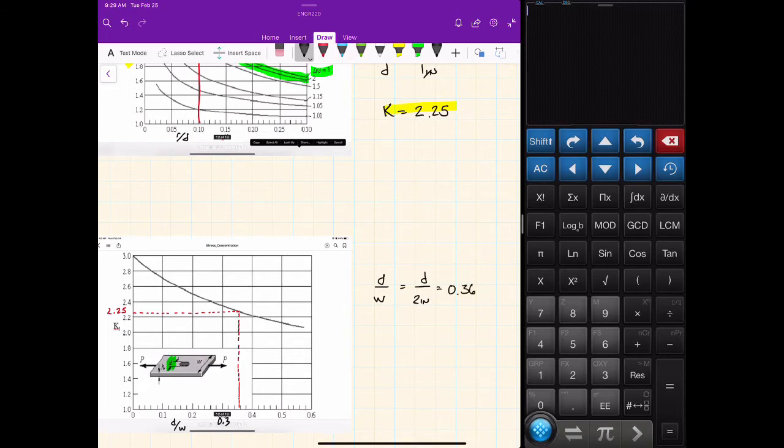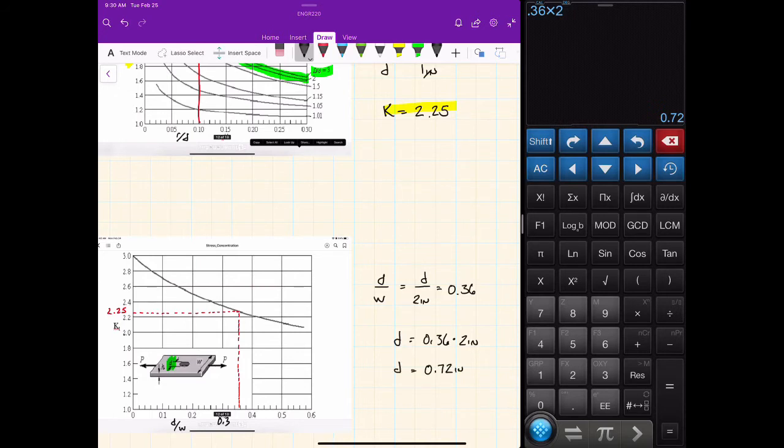There are no dimensions on this value. The stress concentration factors are dimensionless. So we solve this equation for d. The diameter of the hole d equals 0.36, the ratio d over W, times 2 inches. If we just plug that in, we get 0.72.